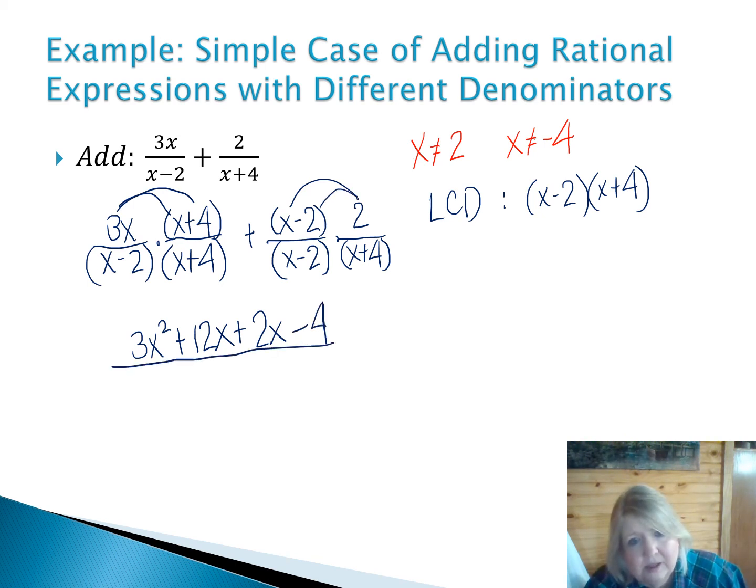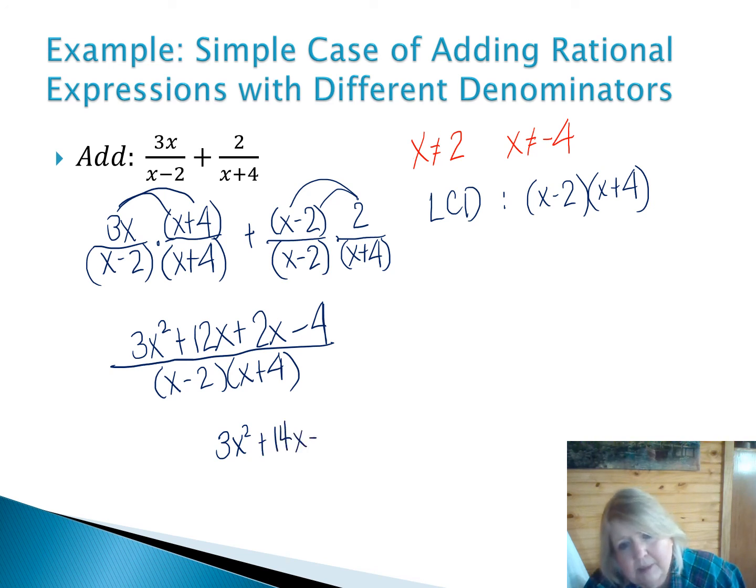And all of that is over my common denominator of (x minus 2)(x plus 4). Then I'm going to collect my like terms. So that's 3x squared plus 14x minus 4 over (x minus 2)(x plus 4).